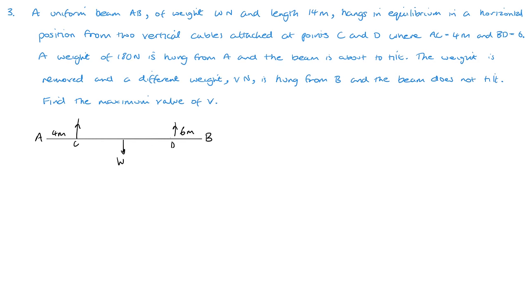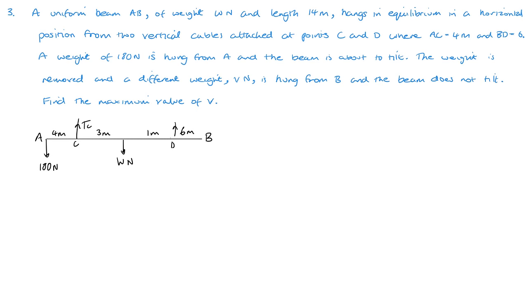Okay, W is 7 meters from either side, so this is 1 meter and this is 3 meters there, and that gives me my 14 meters in length. A weight of 180 newtons is hung from A. So 180 newtons is hung from A, and the beam is about to tilt.